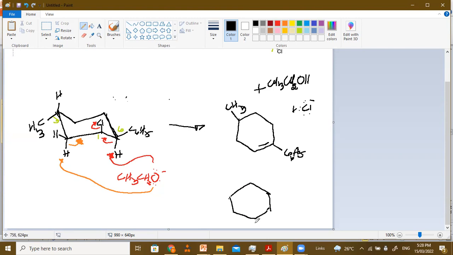Say this is carbon 1, carbon 2, and you have a double bond, okay? And on carbon 1, 2, 3, you have your CH3. And then 4, 5, and in carbon 6, you have your C6H5.